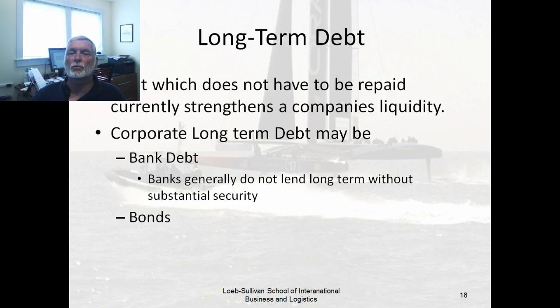So you get a current asset and you get a long-term liability. So your current ratio, your current assets over current liabilities, improves. So your liquidity improves. Corporations generally can borrow long-term either from banks, or they can issue bonds, which is essentially borrowing directly from the lender, from the investor.